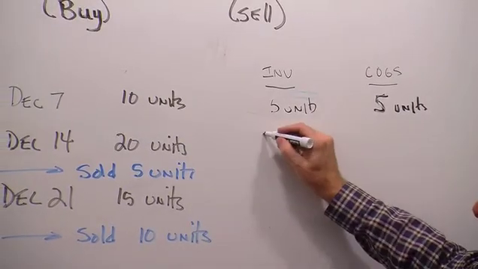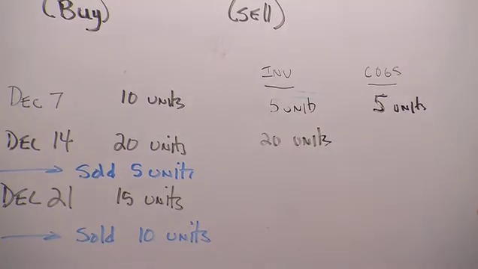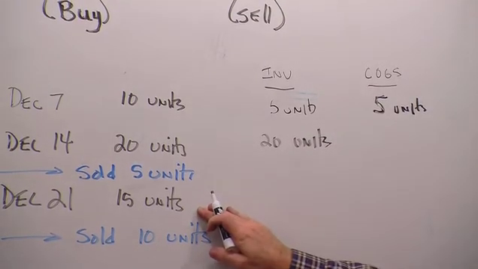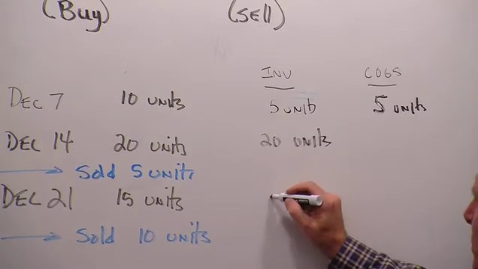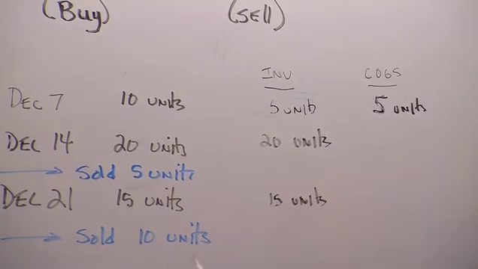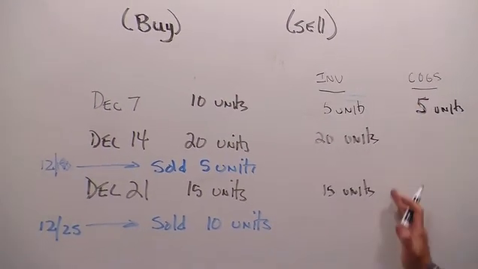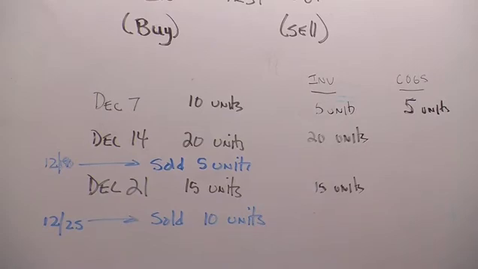All 20 units I have here are still with me. I drop down and buy 15 more units right here. I'm going to put those in inventory. But now I'm going to sell 10. This is the makeup of my inventory right now when I sell these 10.